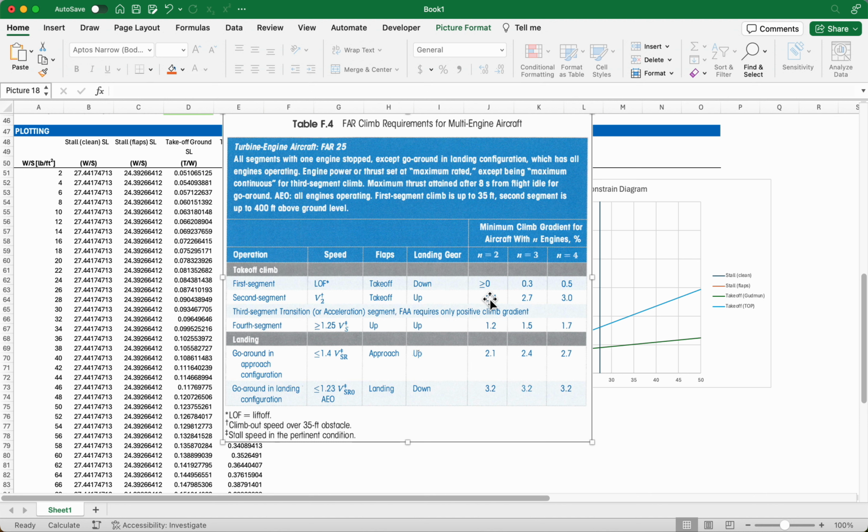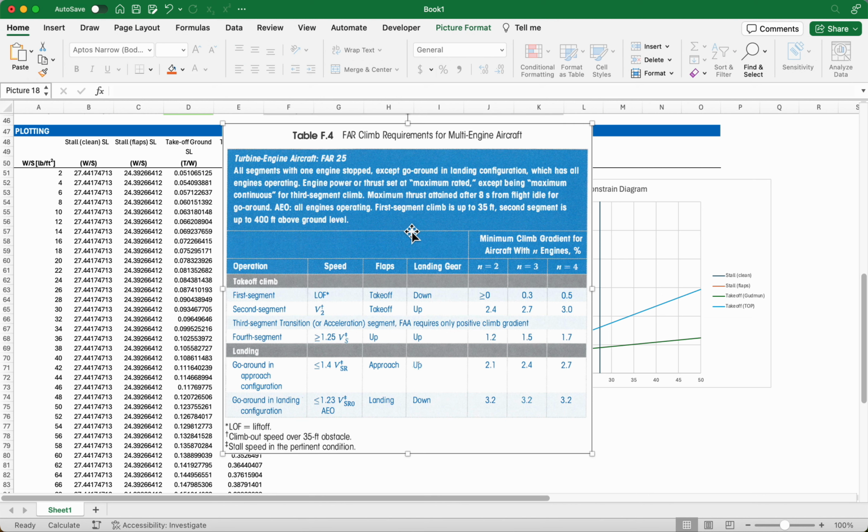So it's required, it has to take off. It has to have enough power and thrust to be able to take off and climb to overcome that obstacle height and then be able to circle around and land with one engine out the whole time. So that's an example of a requirement that could be enforced by regulation.